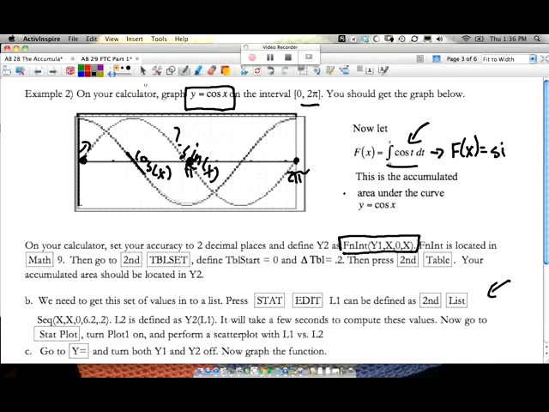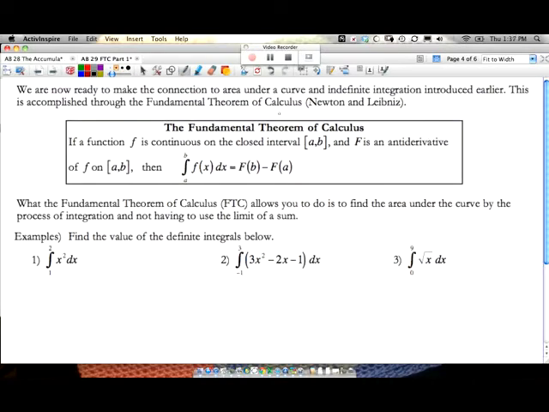The antiderivative of cosine is sine. We kind of knew that. We did review some stuff with that. So now we're going to be talking about this idea, a connection between area and indefinite integration, which was this right here. This was our antiderivative.